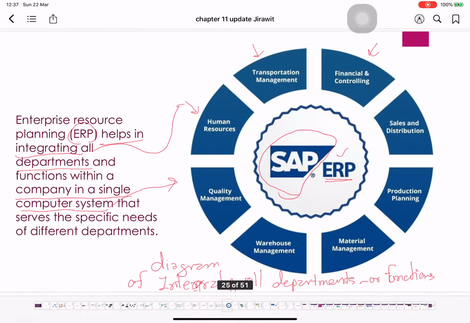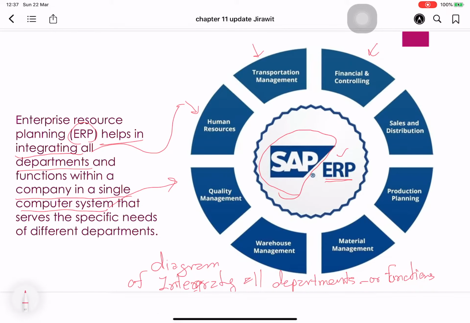Okay, you can see we have human resource, transportation management. We can integrate the financial control, sales and distribution, production planning, material management, and we have warehouse management and quality management. This is related to inventory.